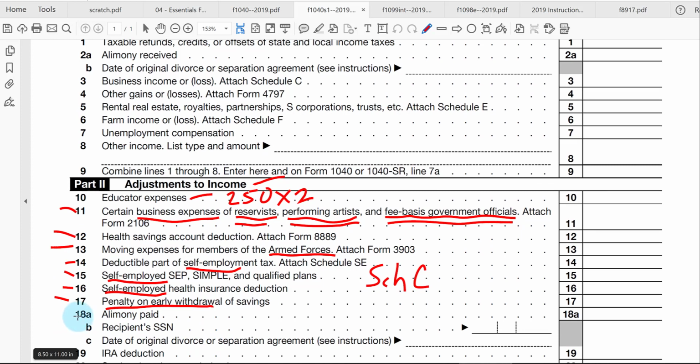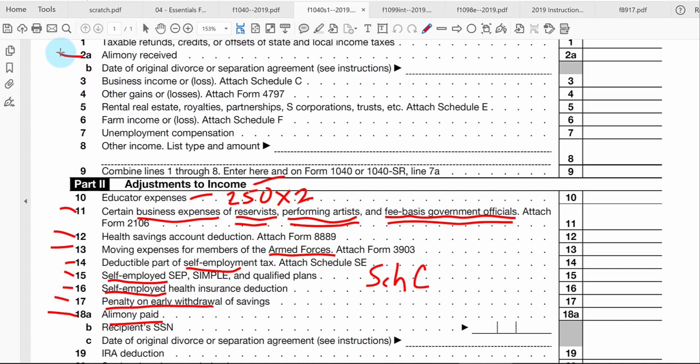We've talked about alimony in the previous chapter. So if you're paying alimony, maybe you can get a deduction. But if you're receiving alimony, you have to report it as income. And that's the rule if you got a divorce decree or a legal separation prior to 2019.